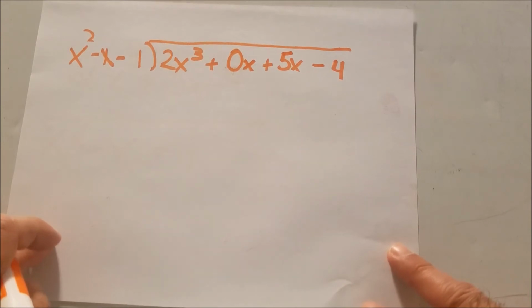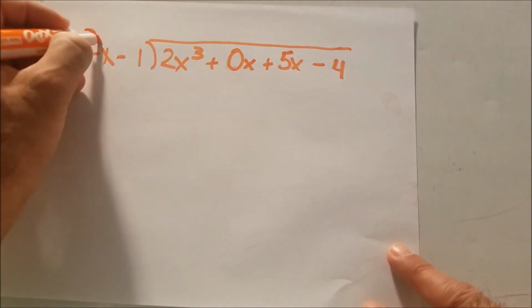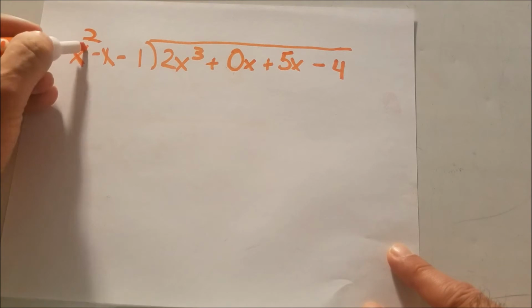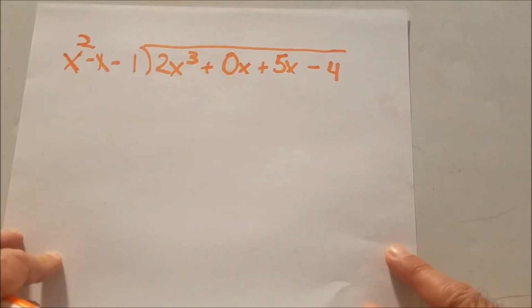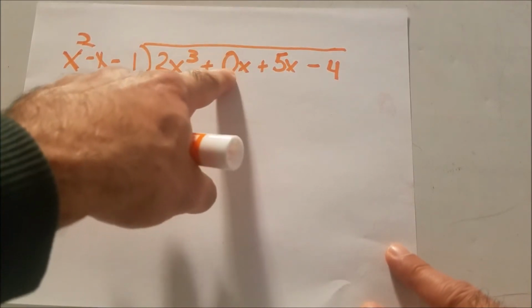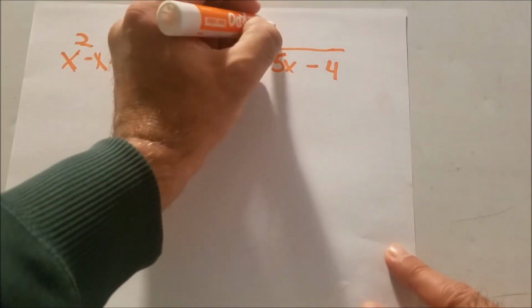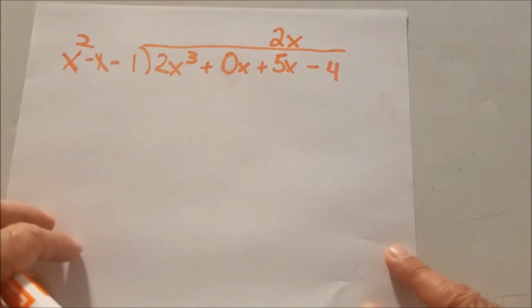So now let's do this. We're looking at the first term, x squared, and we need to get 2x cubed. So all we need is what? We need 2x. But we're not putting it there, we're putting it here.